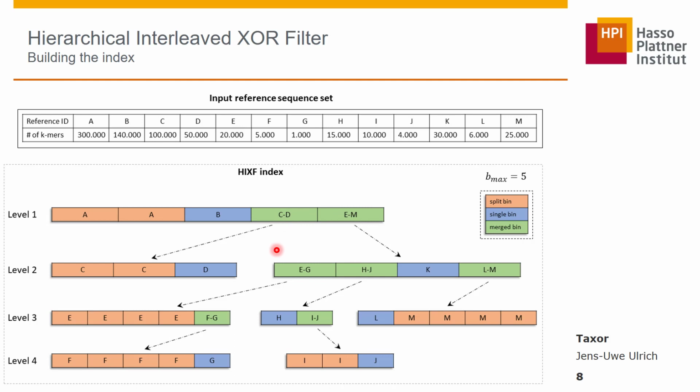Merged filters now represent individual XOR filters on the next level. For example, the merged genomes of C and D will be stored in an interleaved XOR filter that consists of 3 XOR filters on level 2. This whole process is recursively repeated until there are no more merged bins in an interleaved XOR filter in the leaves of this tree-like structure.